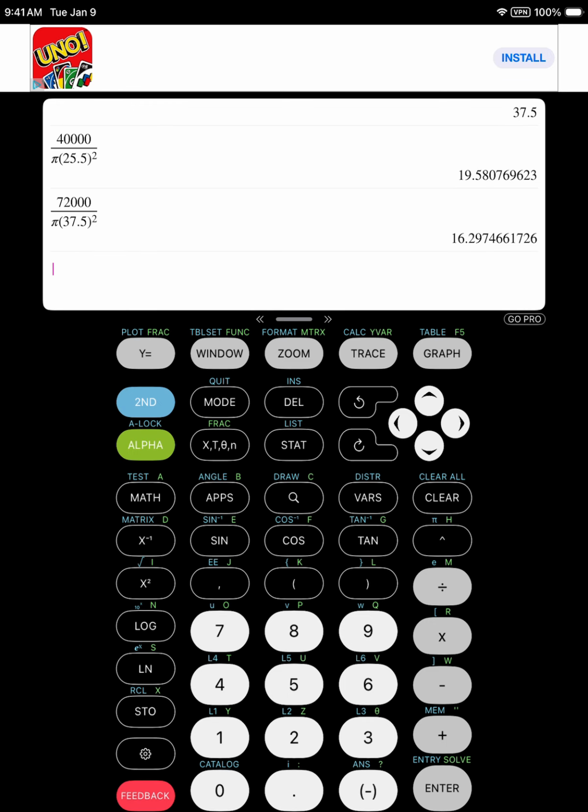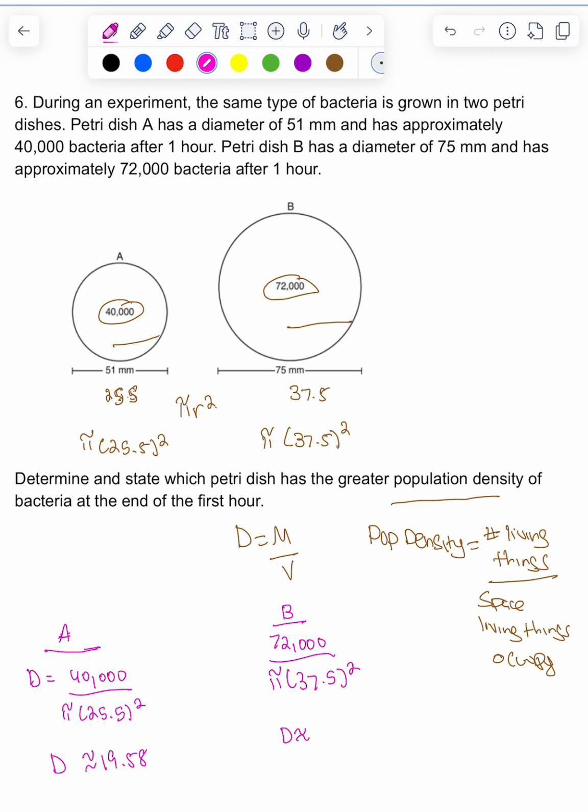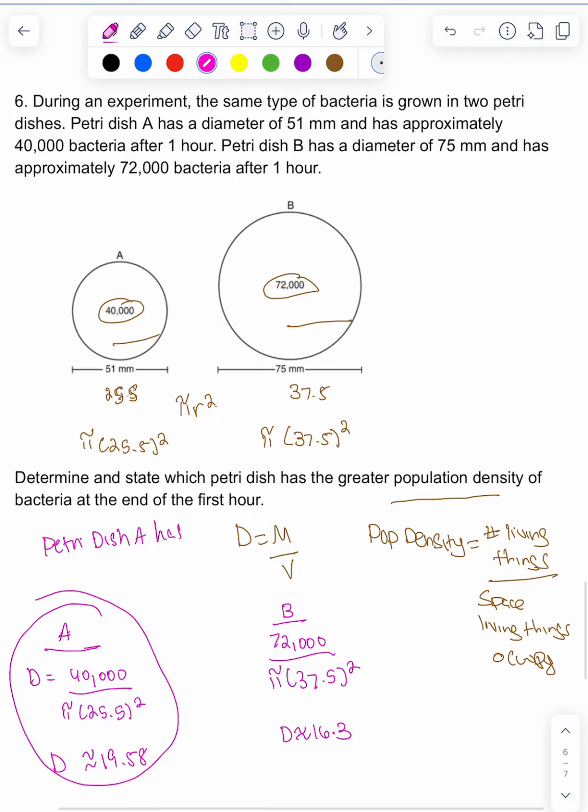And that's 16.3 approximately. So petri dish A has the greater population density at the end of the first hour.